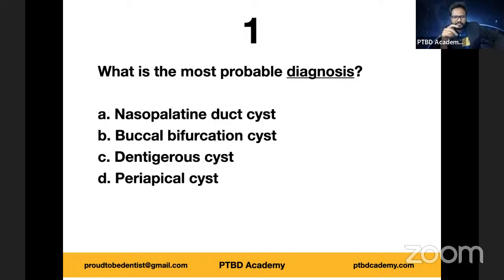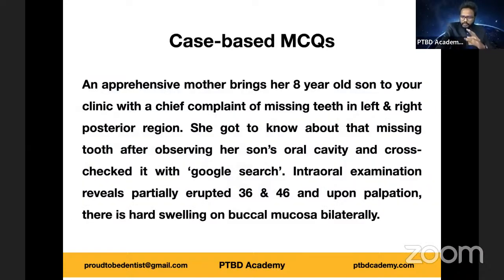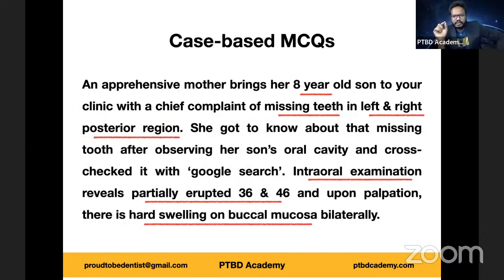It's usually seen as a heart-shaped radiolucency between the centrals, maxillary centrals. Maybe you can rule it out as well. So the only option that's remaining is buccal bifurcation cyst. Do you think it could be buccal bifurcation cyst? Even I'm not sure, at least for now. Let's look into the slide once again. And before we look into this, let's look into the context once again.